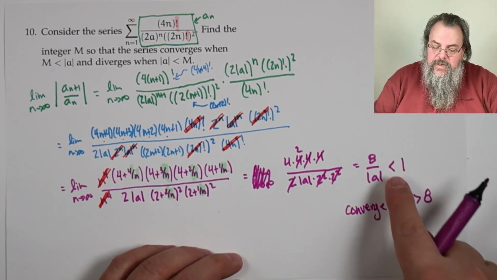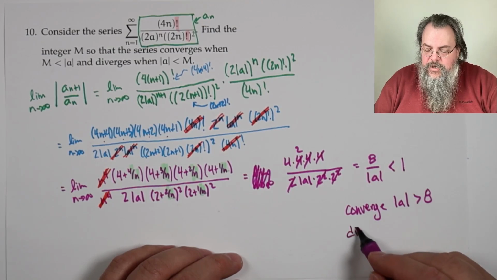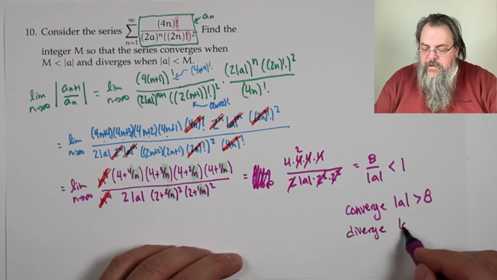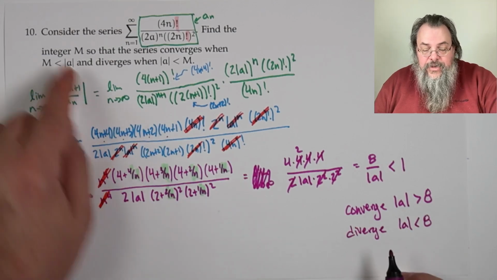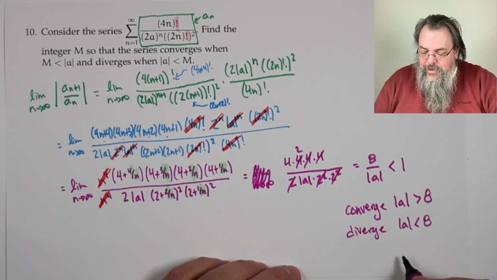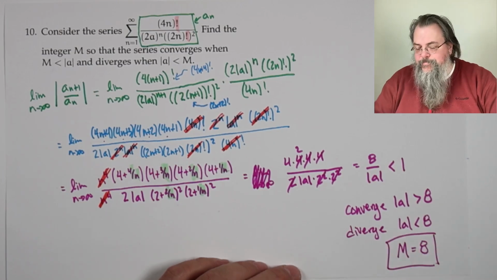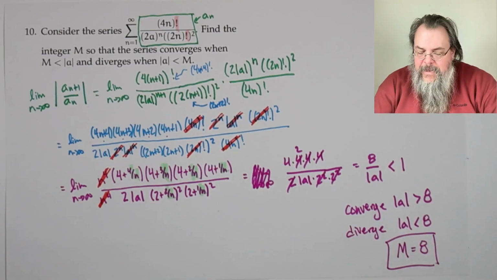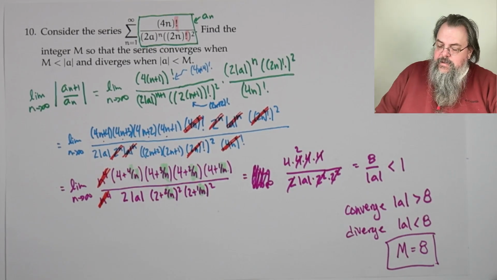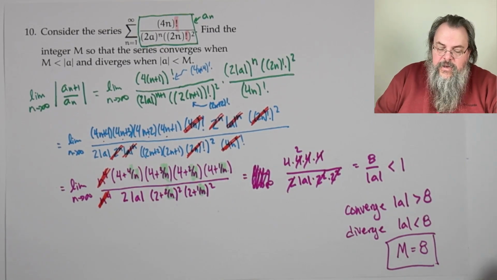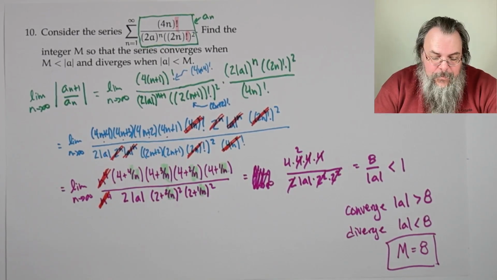Same argument: we diverge when this is greater than 1, so we diverge when absolute value of a is less than 8. So what's our integer m? Our integer m is 8. That's what we're after. As long as the size of a is bigger than 8, the sum converges. And there we go, we finished.